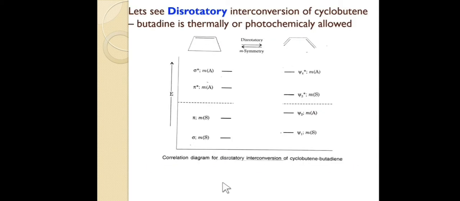Okay. Now let's see the disrotatory process. As we consider the disrotatory process, we need to consider the M symmetry of reactants as well as product, and we need to match the orbitals having the same symmetry and minimum energy difference. So sigma is M symmetric and psi1 is also M symmetric, so let's match psi1 and sigma.